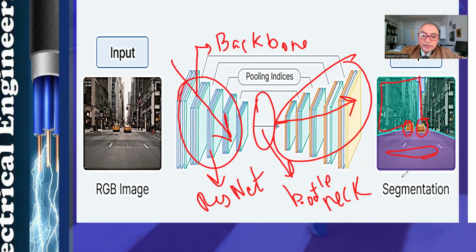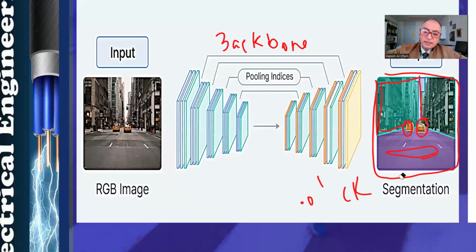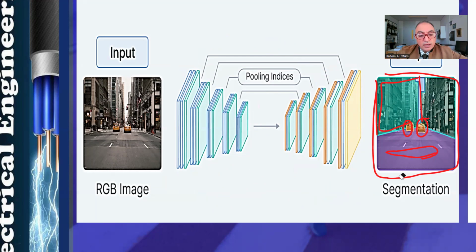So what we can do this way is to compress the spatial information, increase the feature information, and apply this in the opposite direction in order to get the same size as the input size, giving benefits to the feature part of the image.